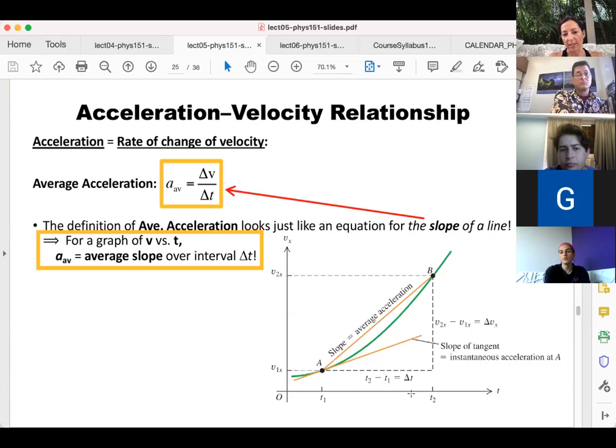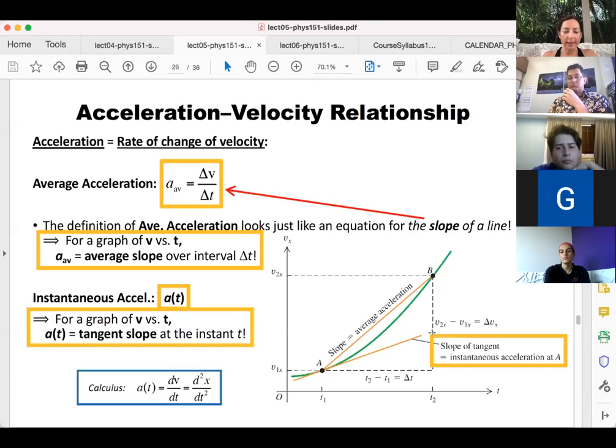This we knew from the example before, T2 minus T1 is 4 seconds. We knew also the values of B and A. So here you can even put your values. And what you have is that the average acceleration is really the slope of this curve.